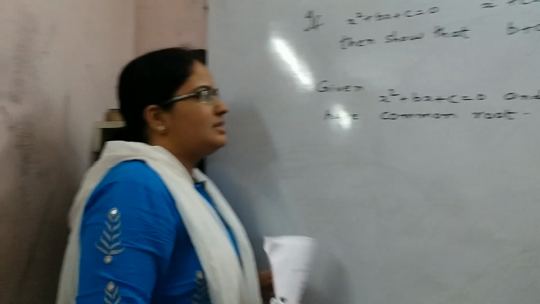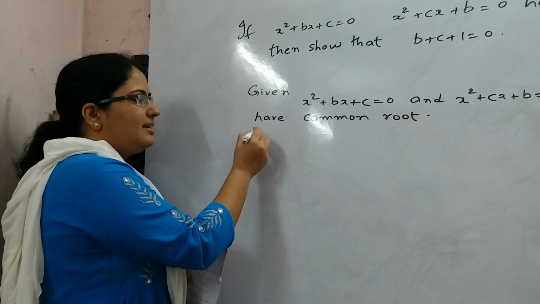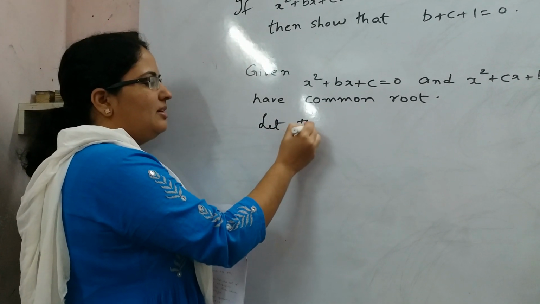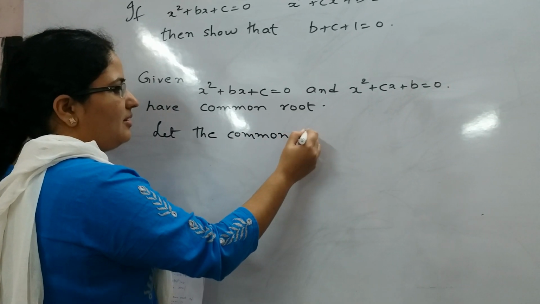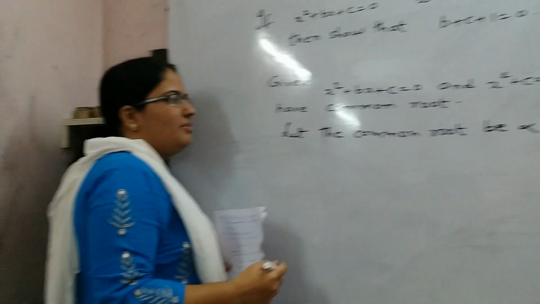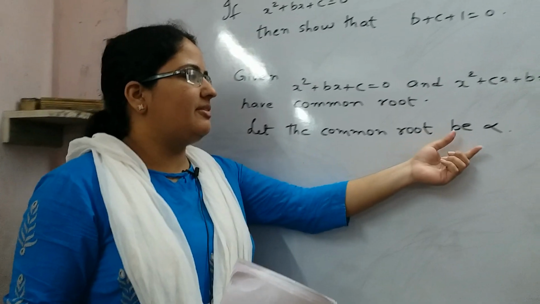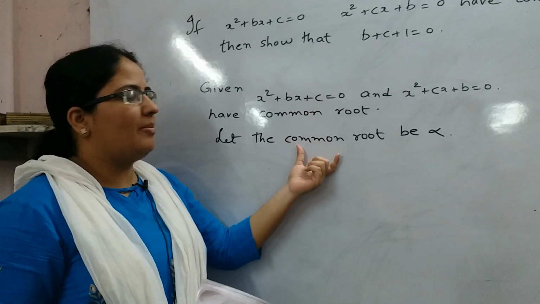So here he says both of these equations have a common root. So let the common root be alpha. Now, what do you mean by root? Whenever we substitute this alpha value in x place, you will get 0. That is the meaning of common root.